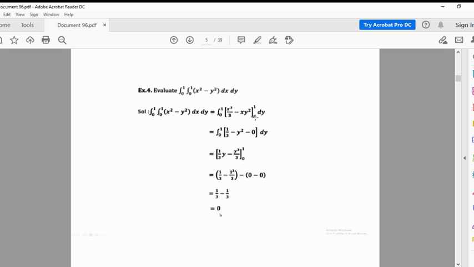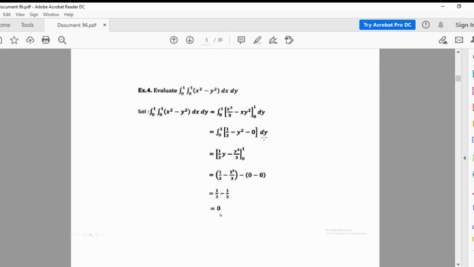Now we put the second limit, x is equal to 0. If you put x is equal to 0, this term is 0, and this term is also 0. So just minus 0 into dy. So we get integration 0 to 1 of 1 by 3 minus y square dy.